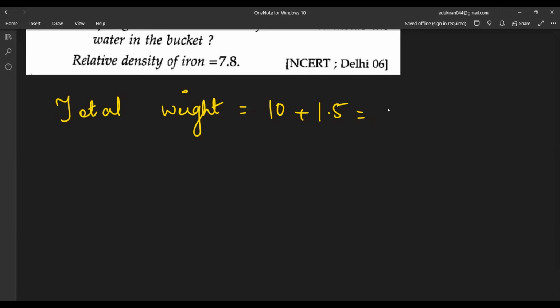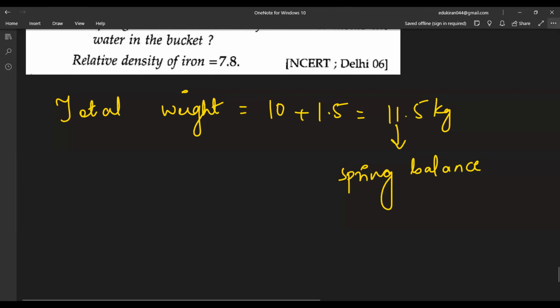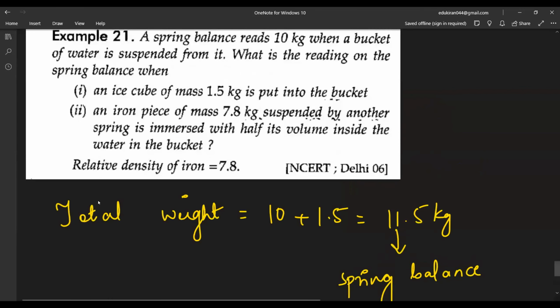So this total becomes 11.5 kg of force. This is exactly what the spring balance will be showing. This is the first part, the reading of the spring balance.